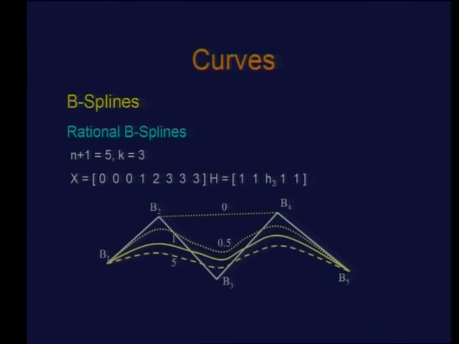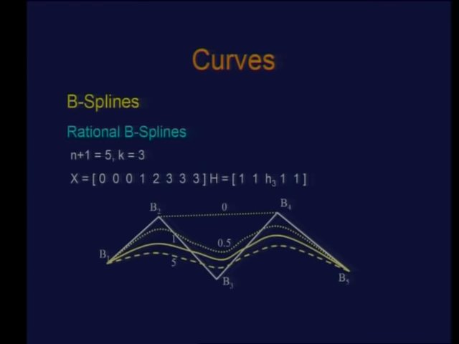Now, when I change h to a value greater than 1, let us say 5, it is to say that the weight of this particular point is 5 times compared to the rest of the points. Therefore, the curve goes towards P 3.